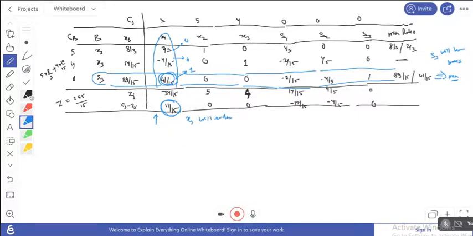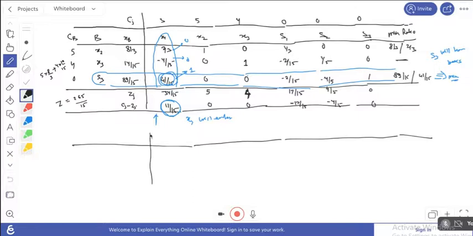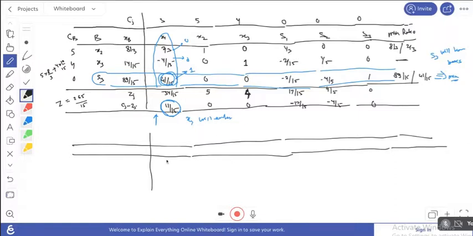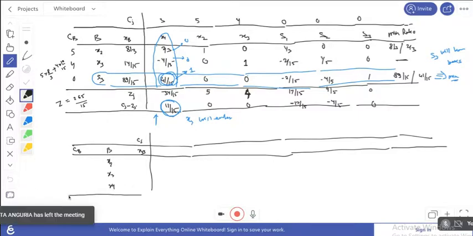Okay, so now your next solution is Cj, and here x2, x3, and S3 will leave the solution and x1 will enter.